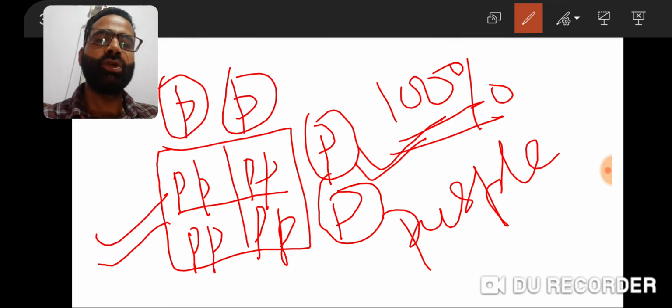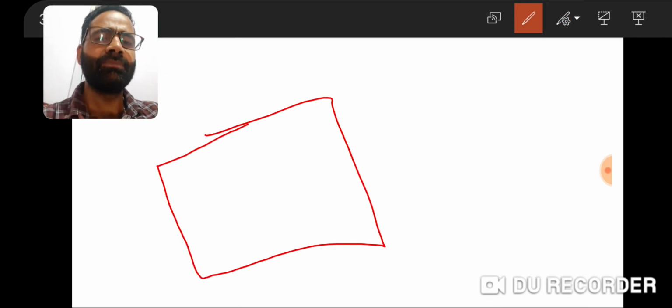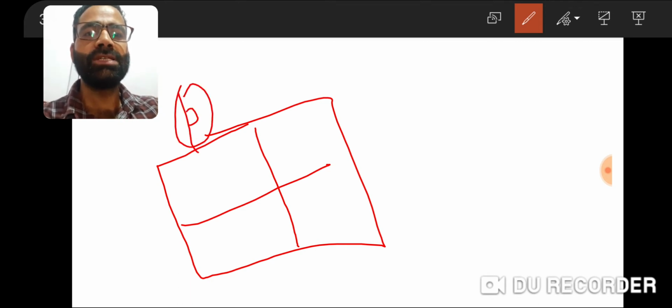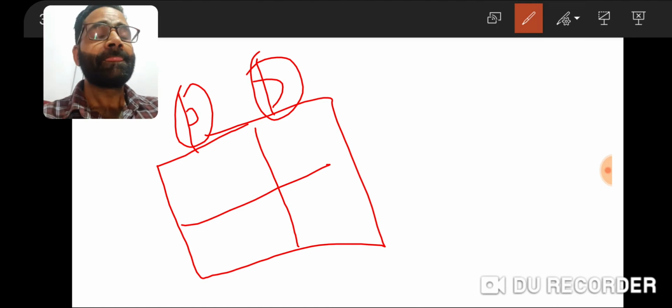From here we can conclude that if the plant is homozygous dominant, then 100% of the offspring will show the dominant phenotype, while if this pea plant having the purple flowers is heterozygous, white pea plants having the white flowers will again produce gametes carrying small p. And if this is heterozygous, two types of gametes will be formed.